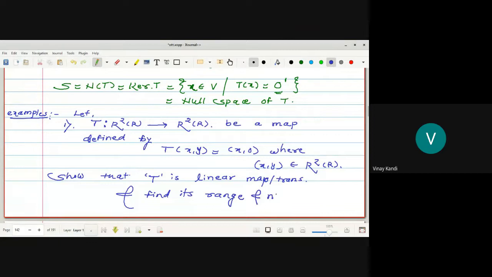The range of that linear transformation we will find later on. First, we have to show that this T is a linear transformation, and we have to find the null space of that T. Now look at the solution.